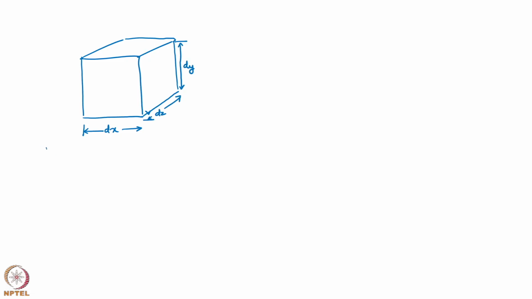This is a control volume, this is my coordinate system x, y and z, and if you are looking at the fundamental equation that is of relevance here, that is the energy balance equation. I am just drawing the control volume properly, and it is E dot in minus E dot out plus E dot generated is equal to E dot stored. This is the general energy balance equation.